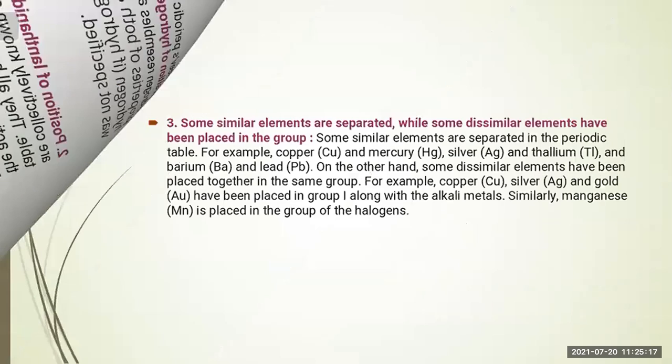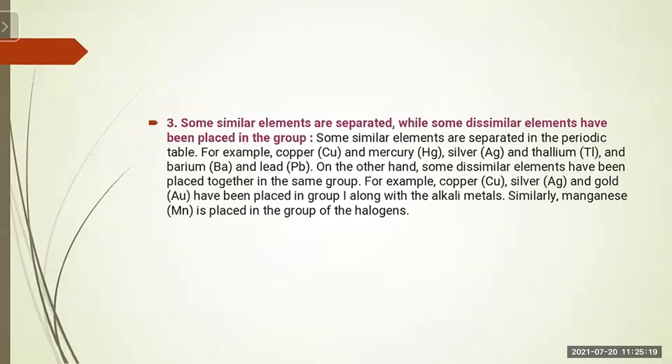Then the next demerit: some similar elements are separated, while some dissimilar elements have been placed in the same group. For example, copper and mercury, silver and thallium, and lead are similar elements but are separated.